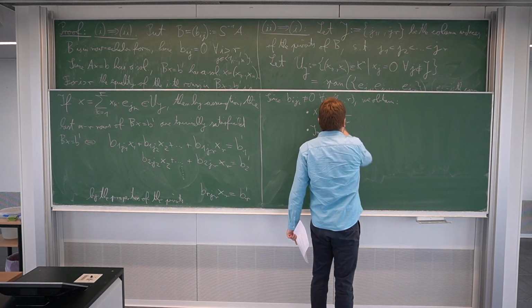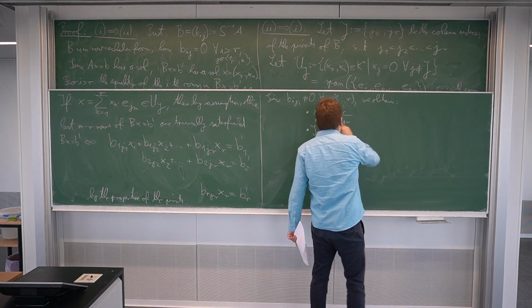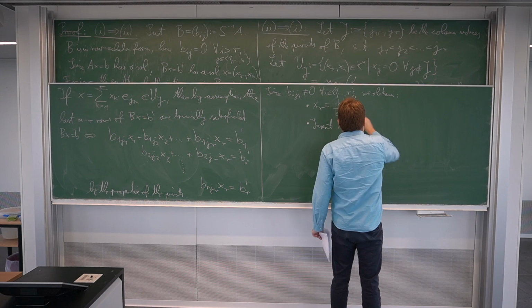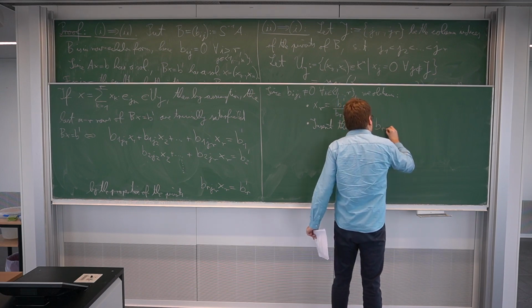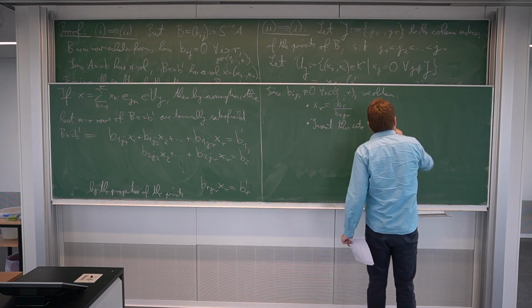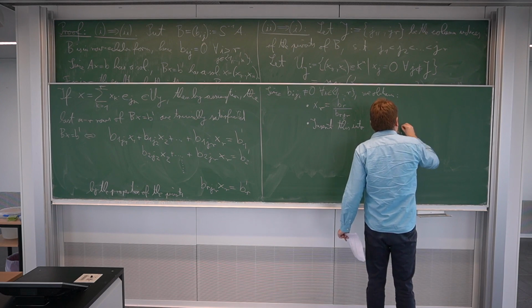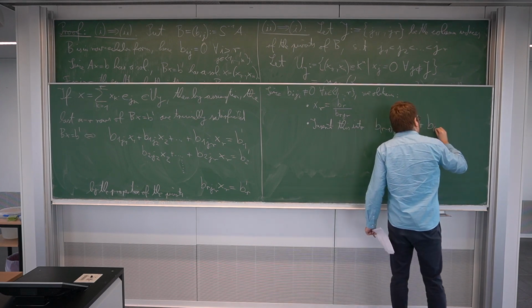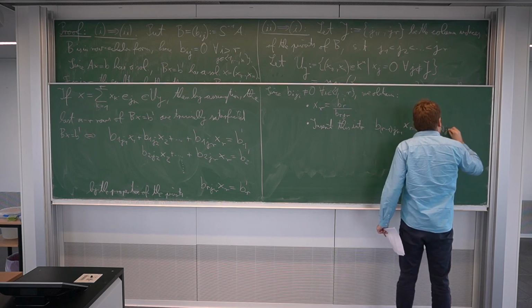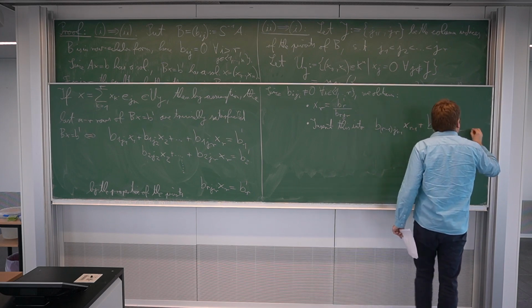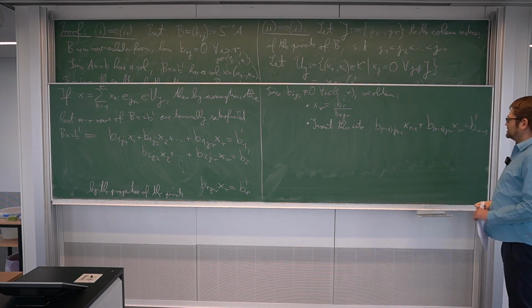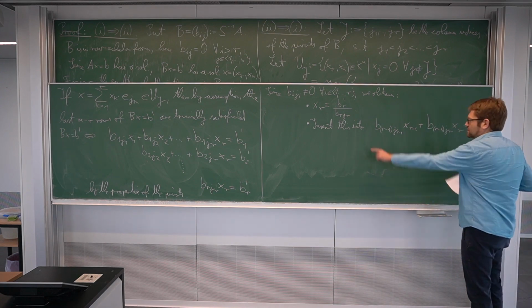We know that this is xr, and now we can insert this in the second to last row, so into b r minus 1 j r minus 1 x r minus 1 plus b r minus 1 j r x r is equal to b prime r minus 1.